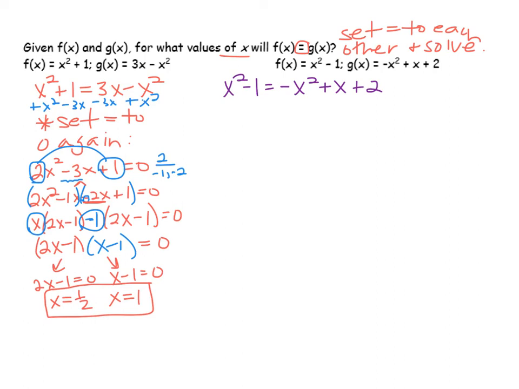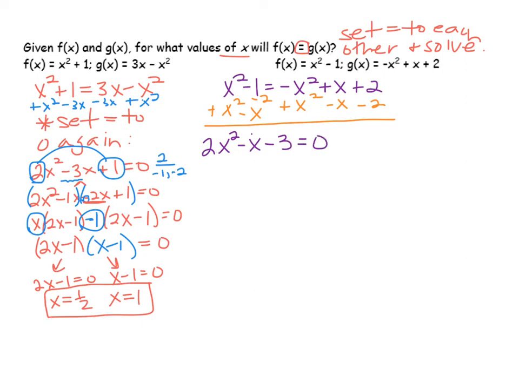So I'm going to add x squared to the other side. And I'm going to subtract the x, and I'm going to subtract the 2. And then try to combine all my like terms. Now I have 2x squared, and only one x term, and it's negative. And then negative 1 minus 2 is negative 3.